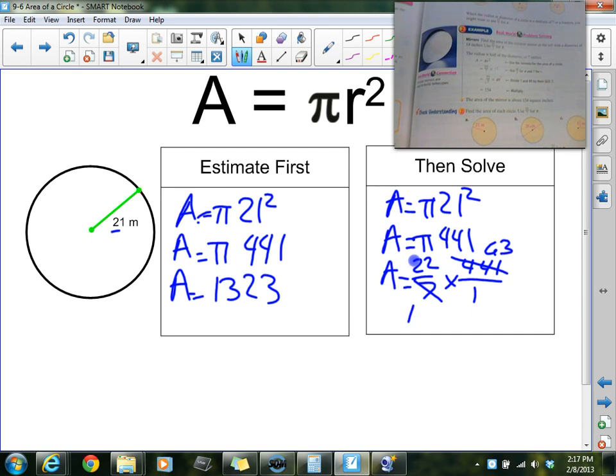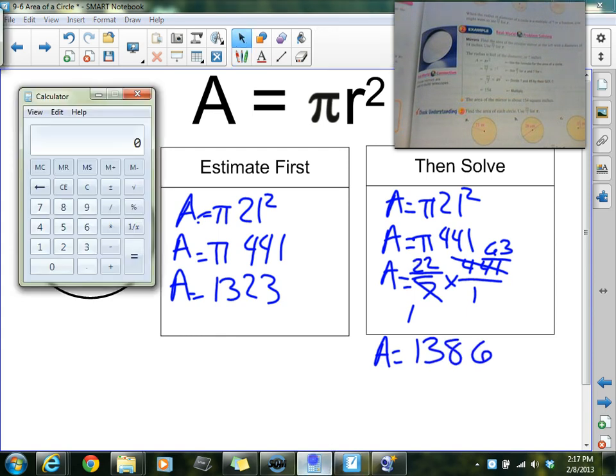So all I have to do now is multiply 22 times 63. When I multiply 22 times 63, I'm going to get 1,386. You can see I pulled up my calculator. So right here, 22 times 63 is going to be 1,386. And that's how I can use 22/7 to find the area of the shape.